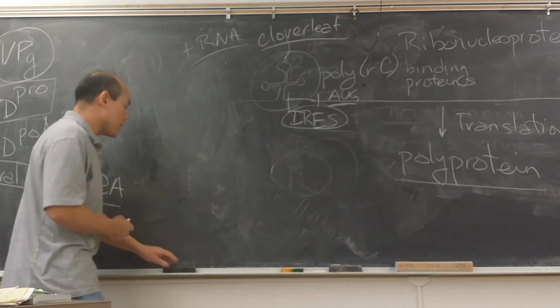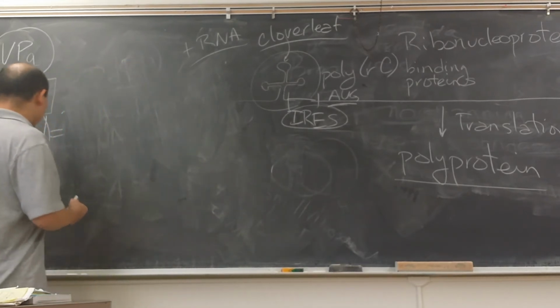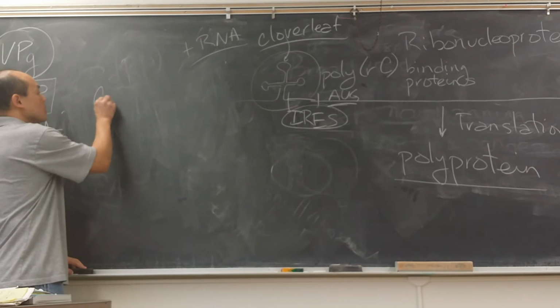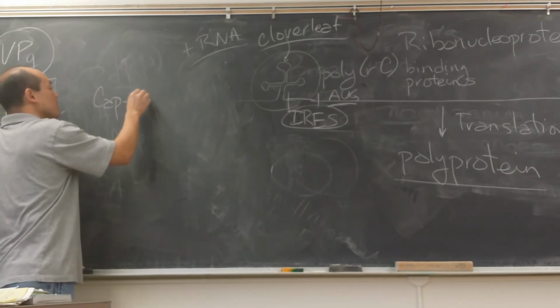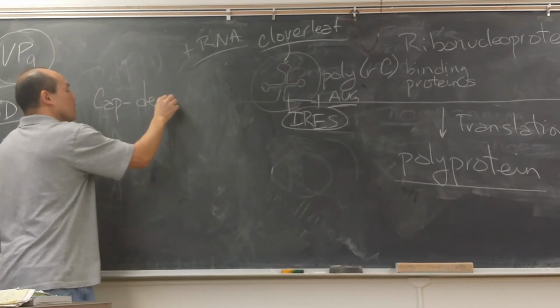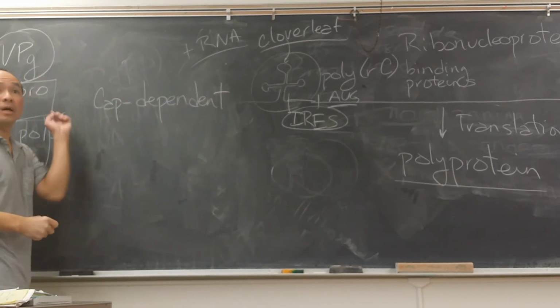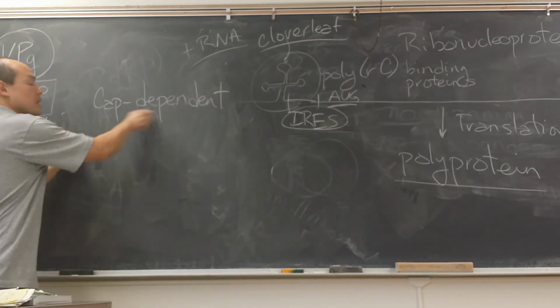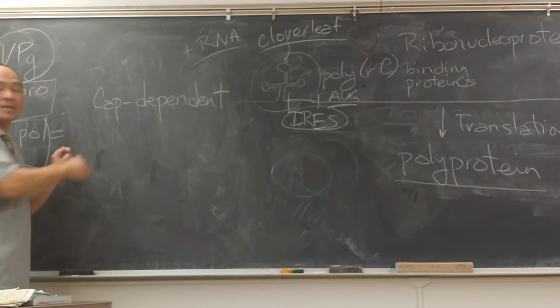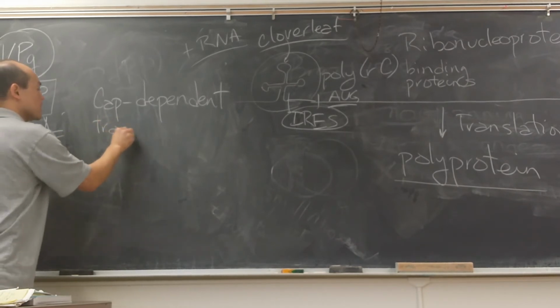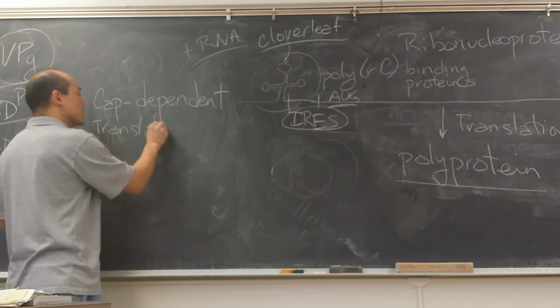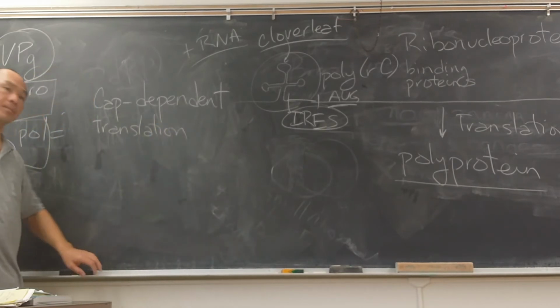In order to talk about that, we have to talk about the fact that most translational events of host protein occur as cap-dependent translation. That means that the cap is required. Okay?